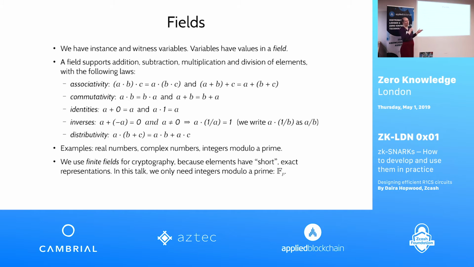That's not true of the integers, for example, because take the integer 2, then a half is not an integer. So division, taking inverses on integers is not closed, but it is on fields. Okay. So the fields that we're going to use are finite fields, so integers modulo a prime. So, for example, the integers modulo 13 would form a field.